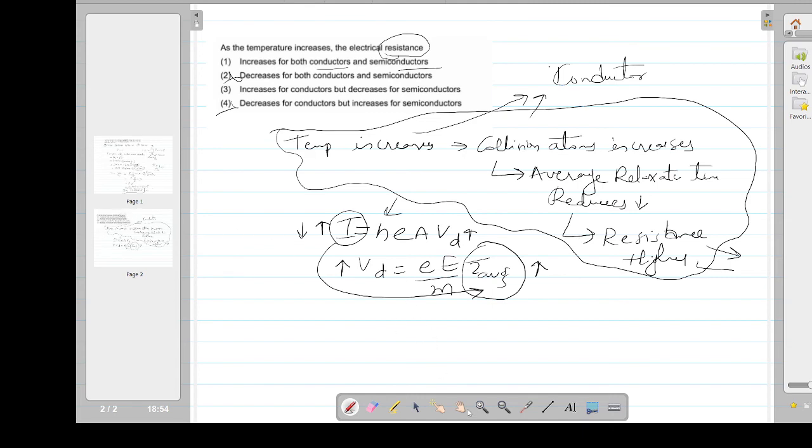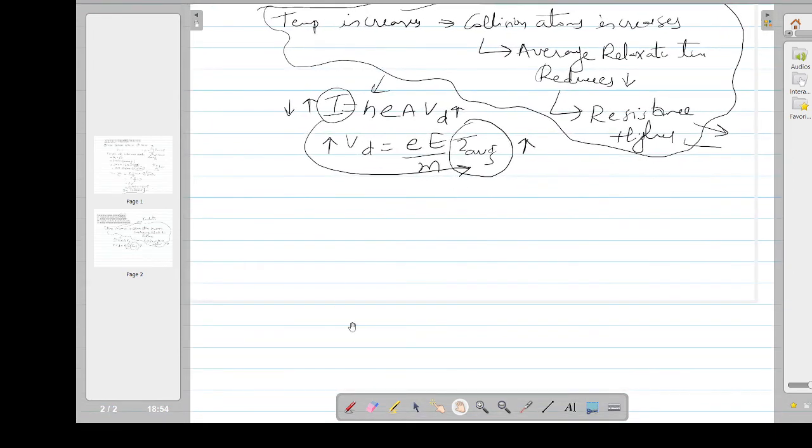In semiconductors, what we discussed is, we have studied intrinsic semiconductors. An intrinsic semiconductor is one that at 0 degree Celsius acts as an insulator. Silicon is a semiconductor. In its pure form, if we are not adding any impurities, it is called an intrinsic semiconductor. So at 0 degree Celsius it acts as an insulator.